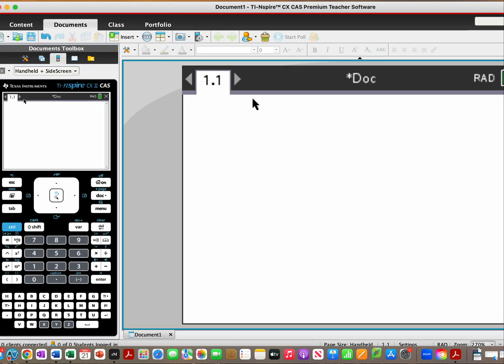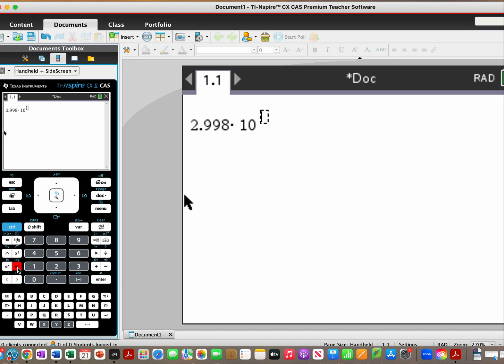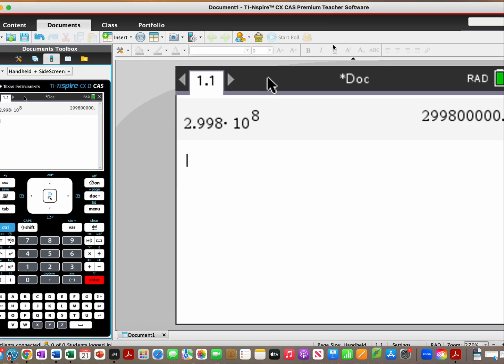I'm just going to add a graph, and let's say that I'm going to enter the speed of light, 2.98 times 10 to the 8. So you must multiply, and then press this 10 to the x and say 10 to the 8. And there we get our value coming out as to what that is equal to.